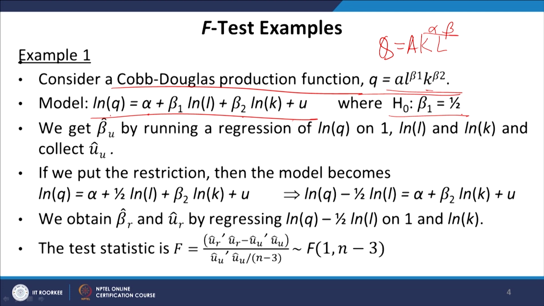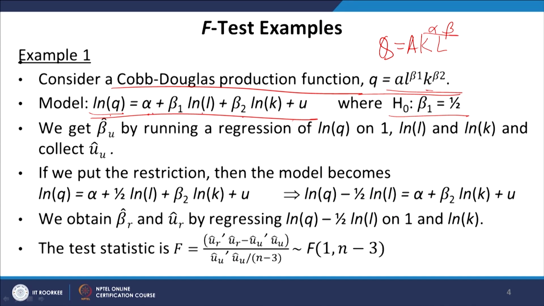We get beta u hat, that is the unrestricted set of estimated parameters, by running a regression of logarithm of q on 1, logarithm of L and logarithm of k, and we collect u hat. If we put the restriction, then beta 1 becomes half. So, we have alpha plus half logarithm of L plus beta 2 logarithm of k plus u.